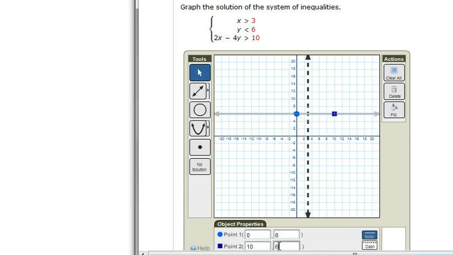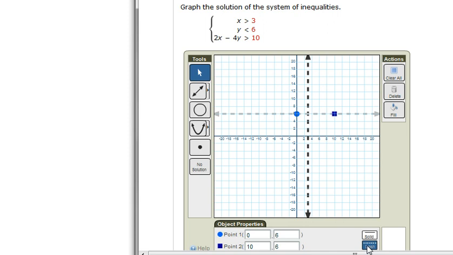Two points with y coordinate 6, and also change that to a dashed line. Now it's going to be points that are to the right of the vertical line and below the horizontal line. So in the bottom right quadrant created by their intersection.